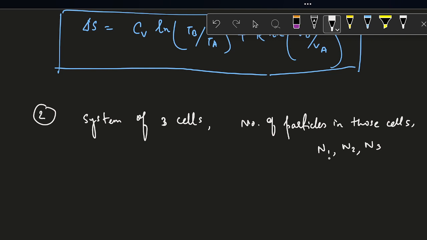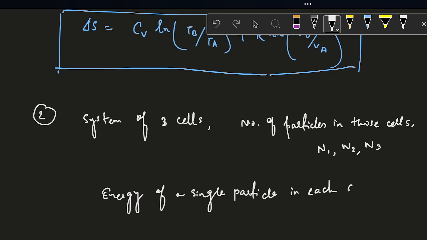N1 is the number of particles in cell 1, and the same goes for N2 and N3. And the energy of a single particle in each cell is given as E1, E2 and E3.